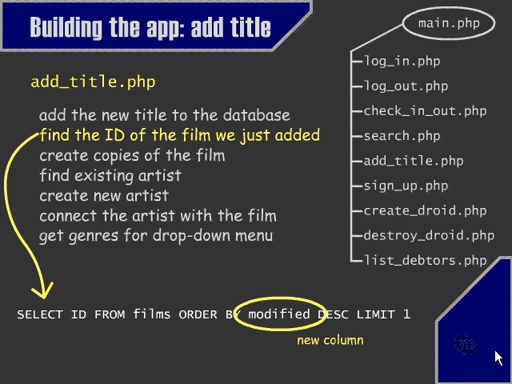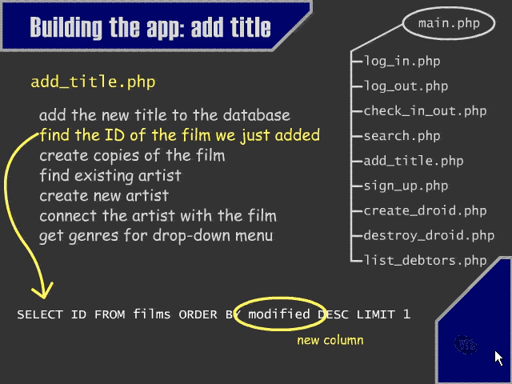In this case, I added a timestamp column, which is called modified, to the films table. This timestamp column, as we saw in an earlier chapter, automatically updates to the current date and time whenever we make a change to that table.